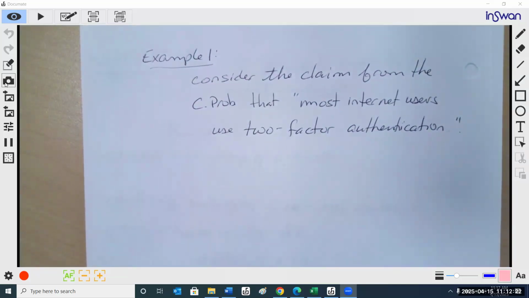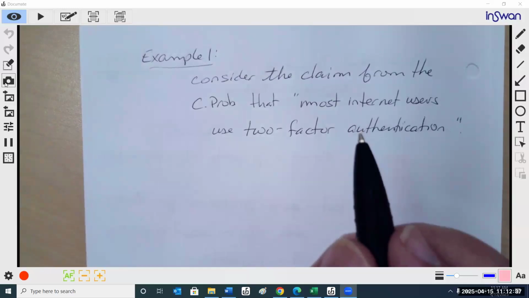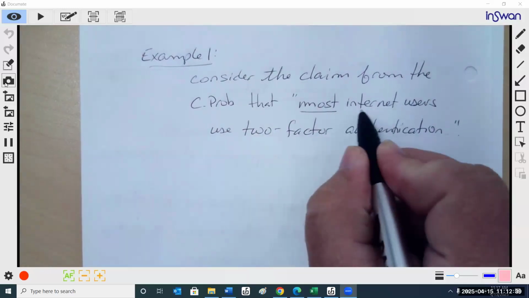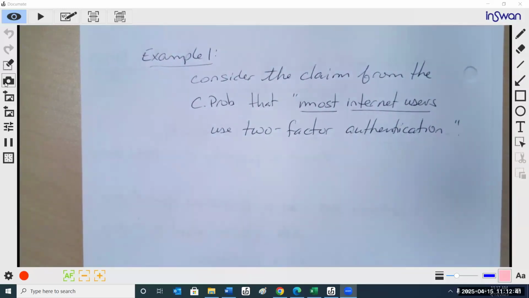Now, what does that mean? How would you represent that using proportions? It said most internet users. What does most refer to?